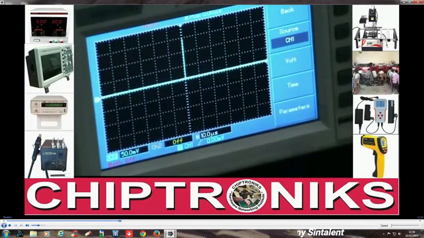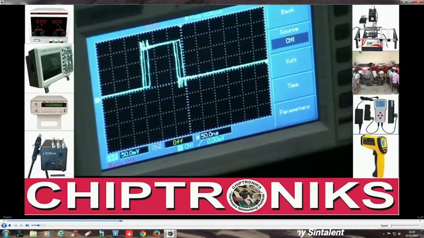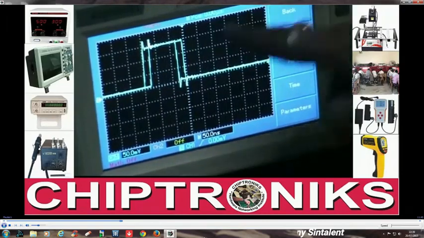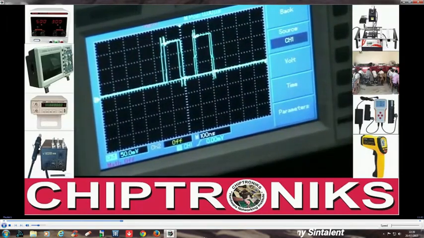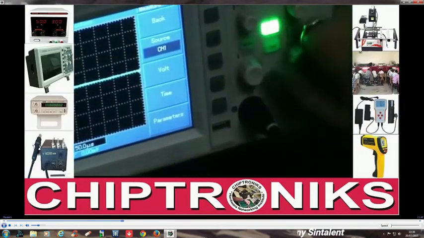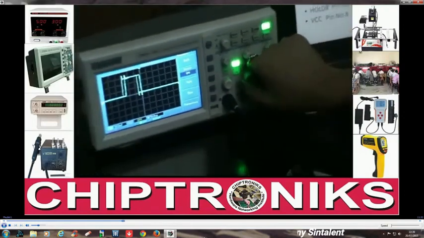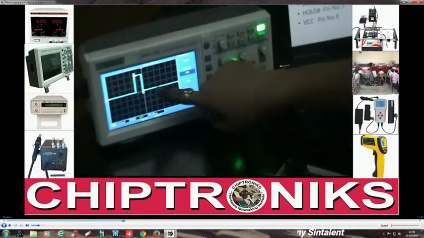This also comes from the IO IC. This is the data signal.